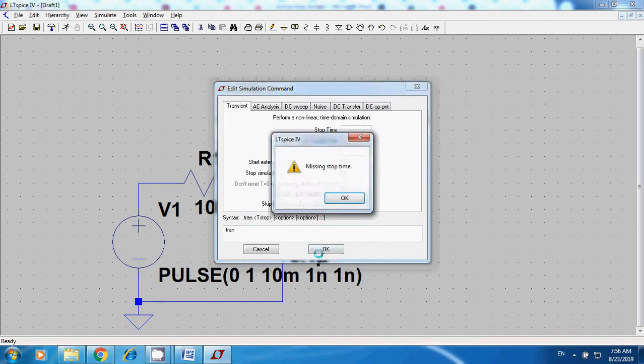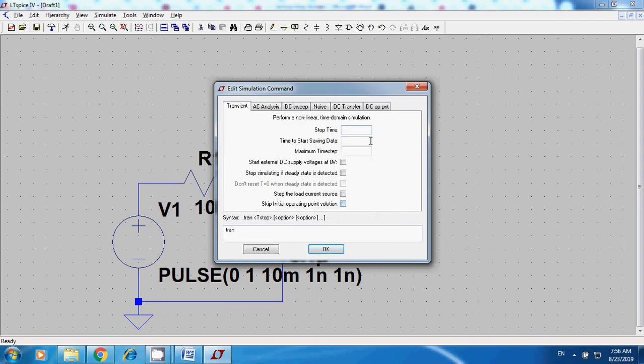If I click OK, what's going to happen? Oh, it's missing a stop time. Let's put this one to be 10 milliseconds. Okay, you click OK.